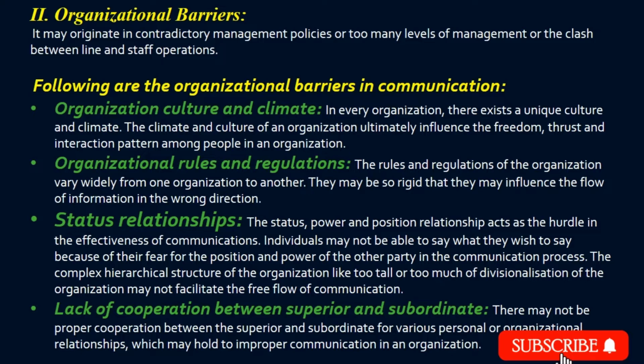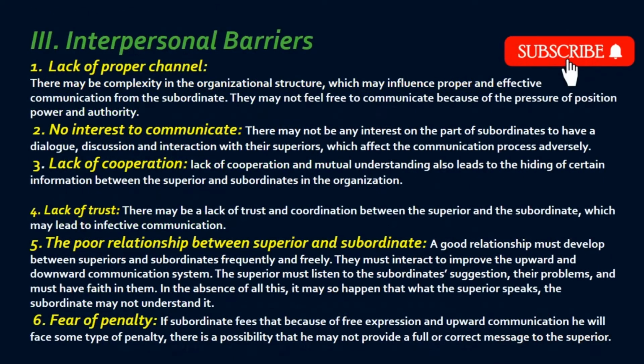There may not be proper cooperation between superior and subordinate for various personal or organizational reasons, which may lead to improper communication in an organization. For example, the head of the department and other lecturers, or the principal and the teachers, you can find this one. There will be a lack of proper cooperation.